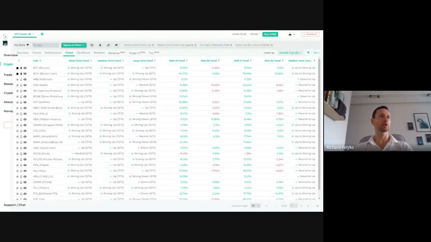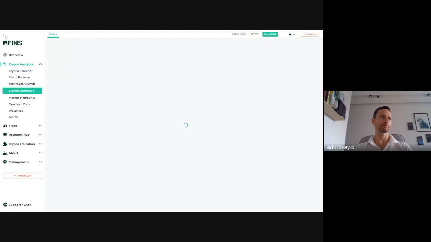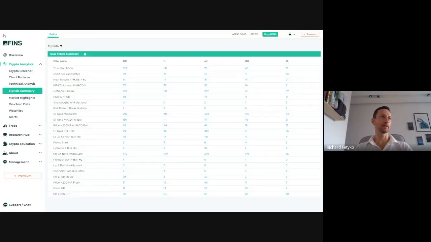Another way to shortcut this, if you don't want to build your own custom filters, which over time I think you will, is that we have created a lot of these custom preset filters for you. You can find a lot of them under the signal summary. So let's go to signal summary. Here in the beginning, I have a lot of my custom filters.